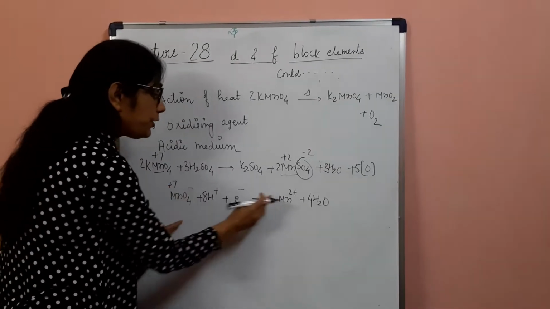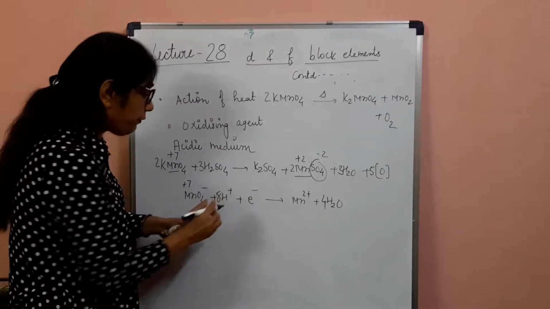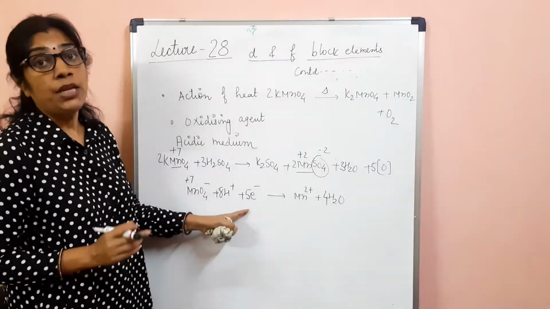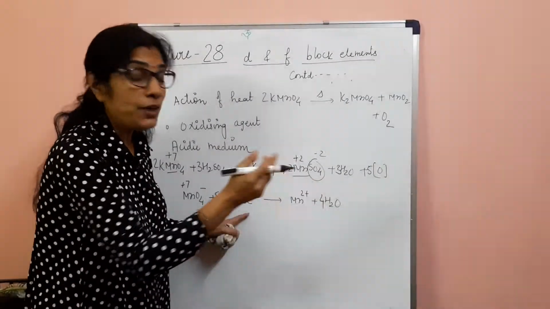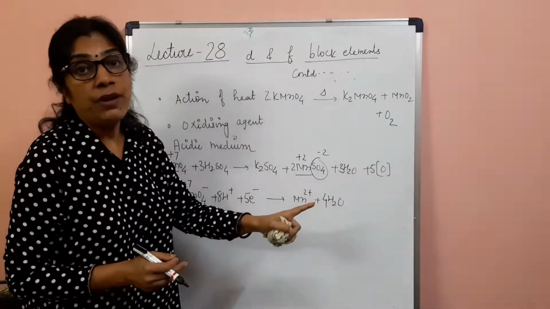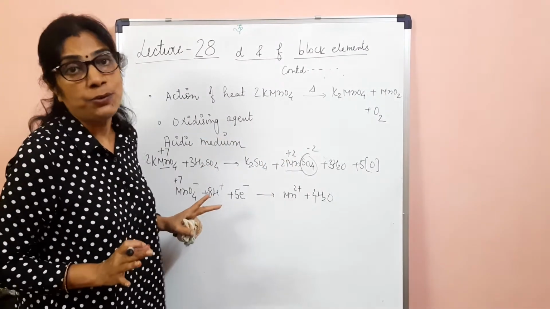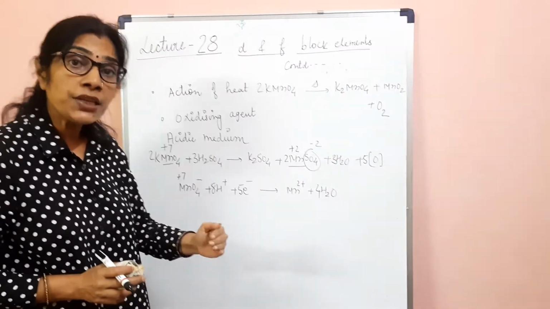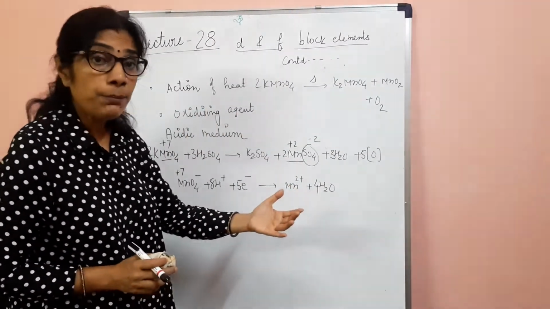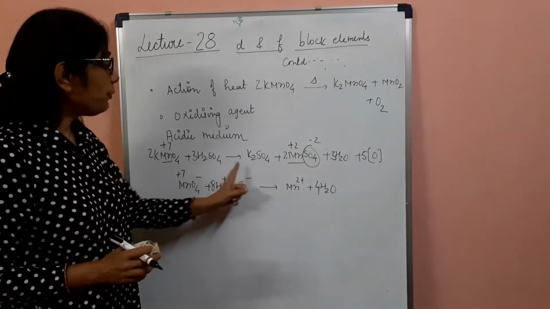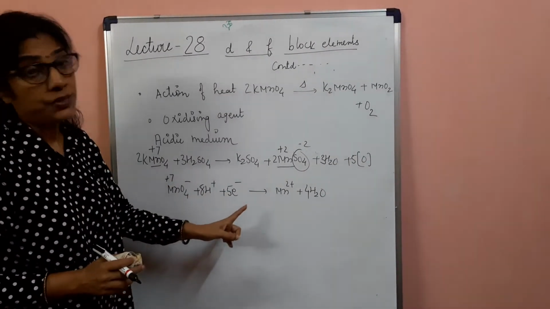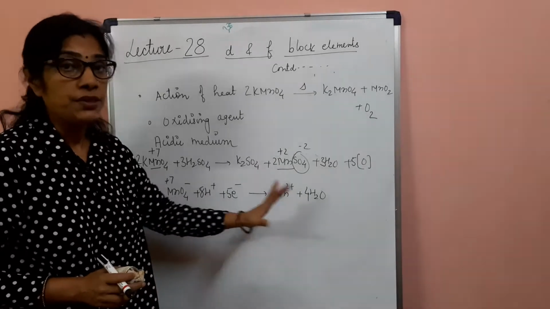Now +7 to +2, so gain of 5 electrons, so therefore here 5 electrons. In terms of Faraday, how many Faraday will be required? 5 Faraday. 5 into 96500 coulombs. So while writing the balanced equation in terms of oxidizing behavior, for molecular equation this is going to be the basic equation, and for ionic equation this is going to be the basic equation.